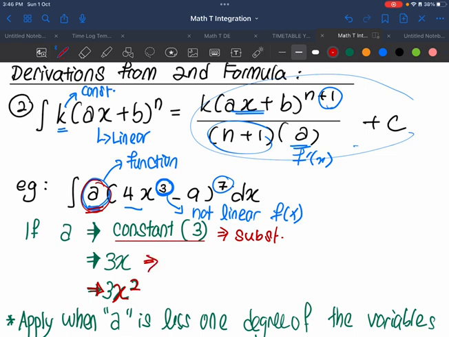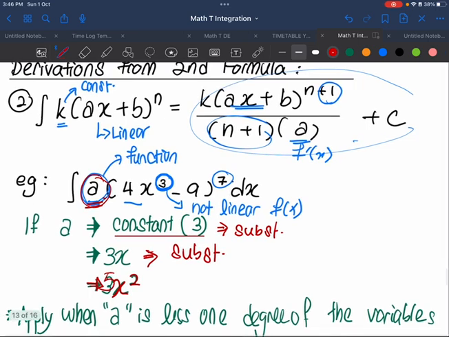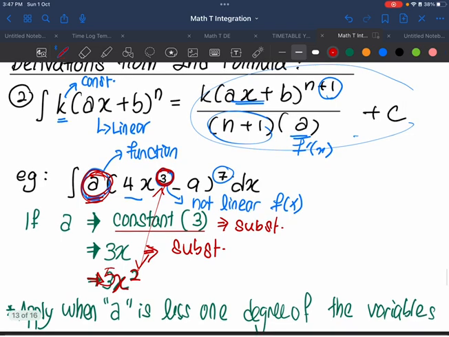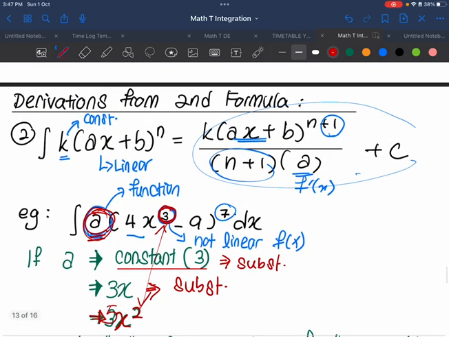Same goes with 3x: if my a is 3x, you must also use substitution. However, when a is something like 5x squared, 3x squared, any x squared, as long as the degree outside differs by 1 degree from the variable inside the brackets, you can apply this formula.